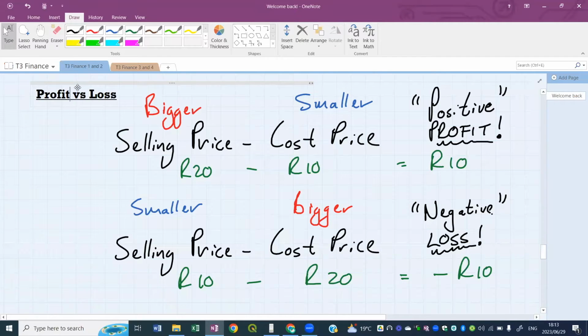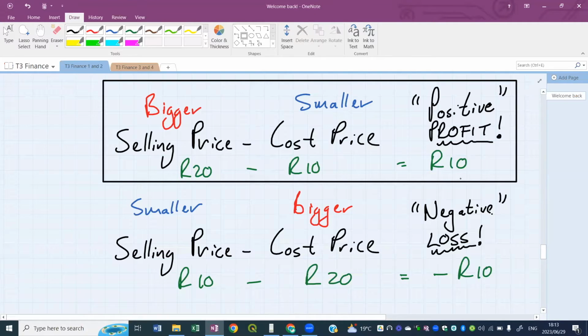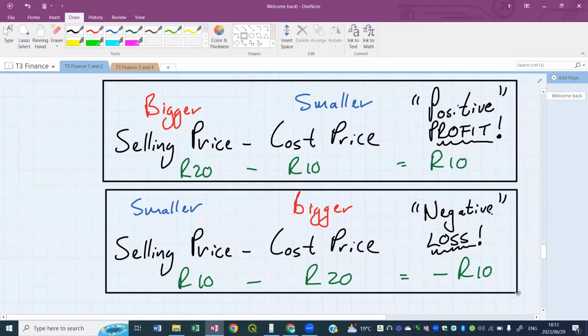You always have to do that. But when you look at your answer, that'll tell you if you're making a profit or not. So this calculation here, when you see the answer at the end, which is positive, you know you're making a profit. And when you do the calculation and you see the answer at the end is negative, you know you're making a loss.